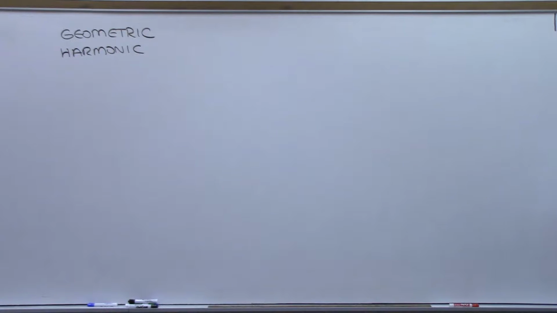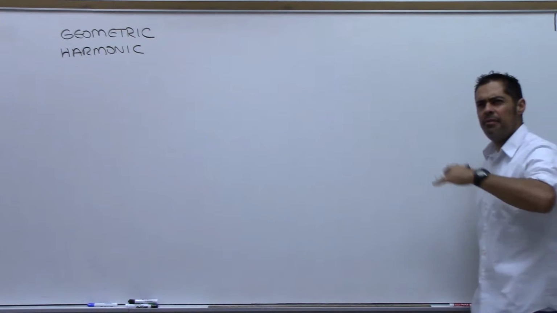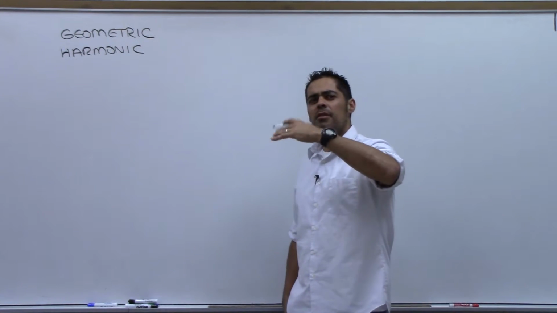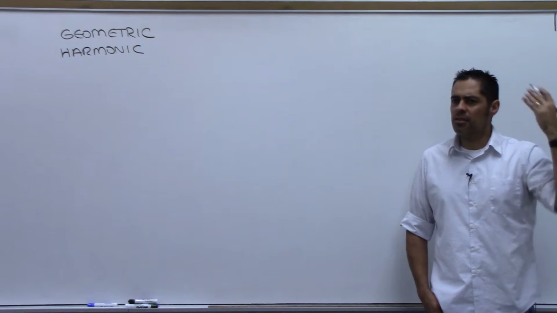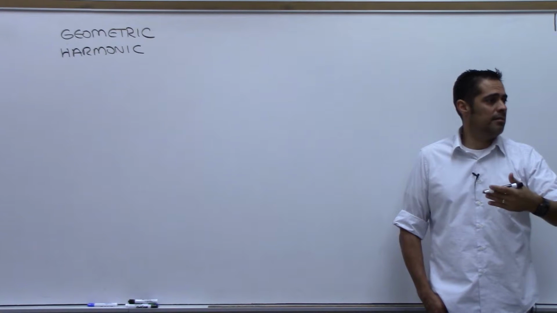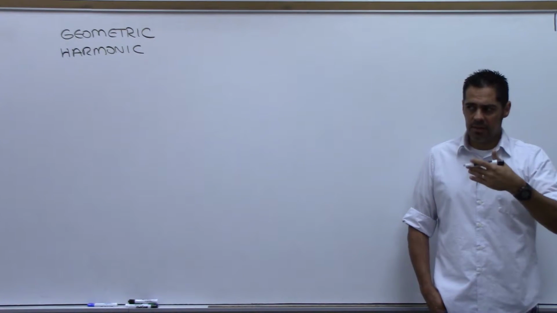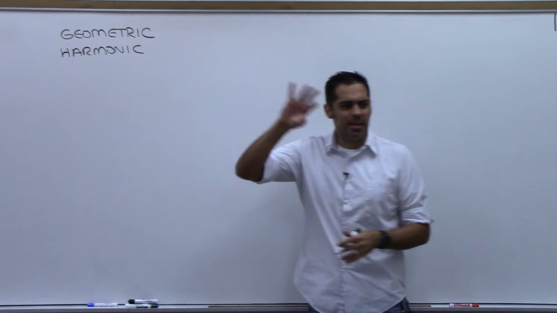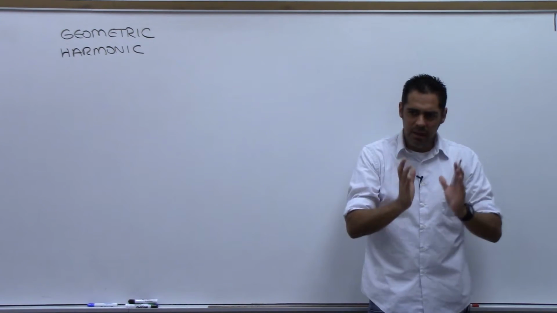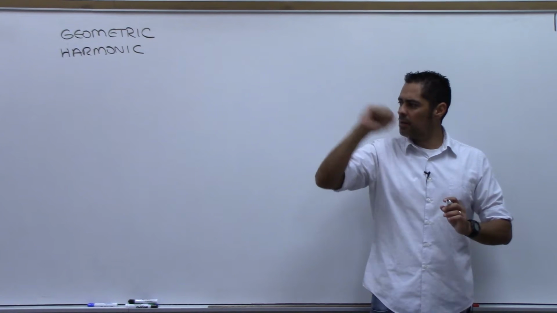Diverge, right? And the idea of a harmonic series is that you have K over n. Really, it's like any constant over a linear expression in n. Geometric, the n is up in the exponent, right? You've got this number that keeps getting raised to this power. It gets bigger and bigger.